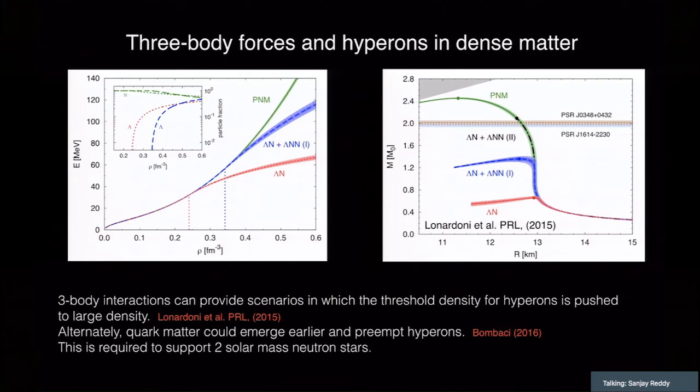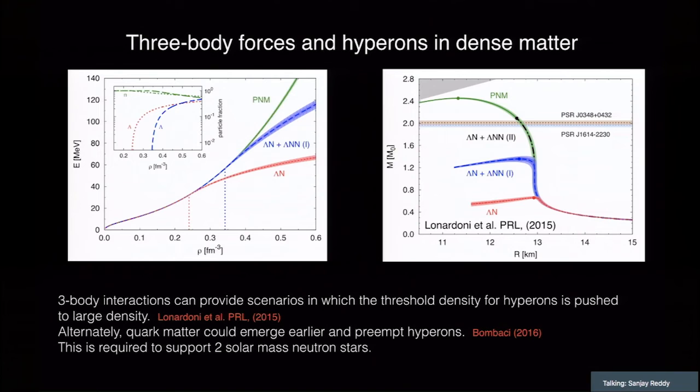So there are lots of recent calculations that have tried to include both two- and three-particle interactions in dense matter to study whether or not hyperons appear. So on the left panel is a calculation, basically a quantum Monte Carlo calculation of neutron matter containing lambda particles.